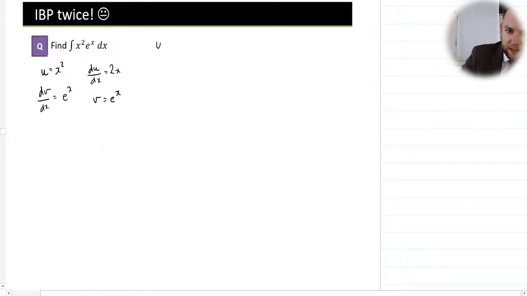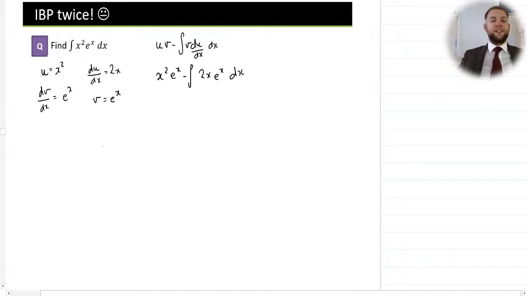Then I'm going to sub it into the formula, uv minus the integral of v du by dx with respect to x. So u is equal to x squared times v. So it's going to be x squared e to the x minus the integral of v, which is e to the x, and du by dx, which is 2x e to the x with respect to x.